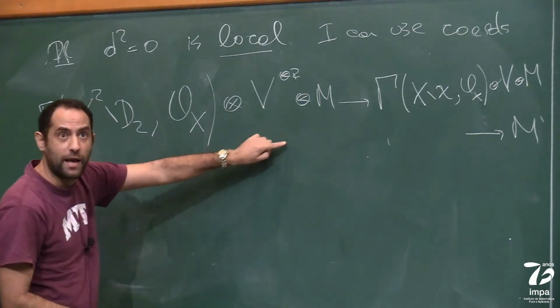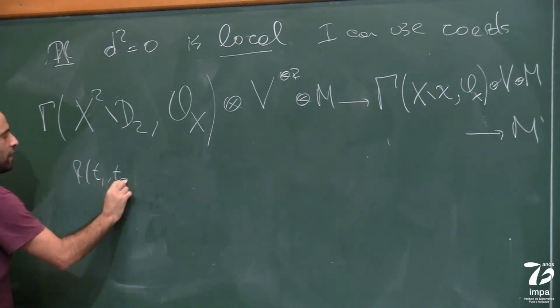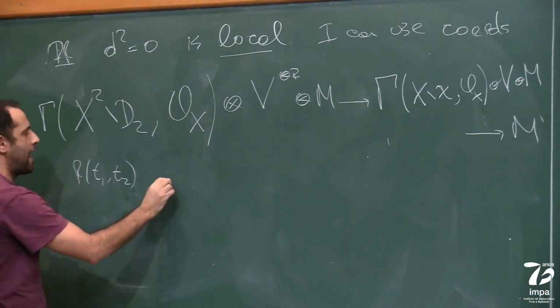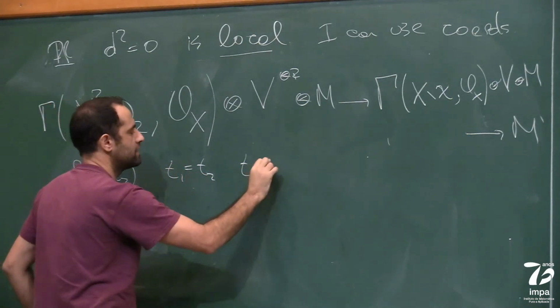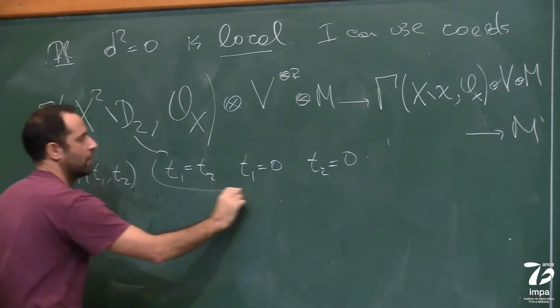Let's look at this one again. So here is a function that depends on two coordinates, t1 and t2. And it has poles at t1 is equal to t2, or t1 is equal to 0, or t2 is equal to 0. That's this divisor d2.